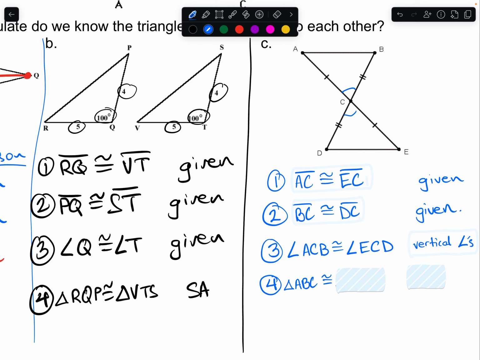Now we have 2 sides and the included angle of one triangle congruent to 2 sides and the included angle of another triangle. Make sure you write it in order. A matches with E, B matches with D, and C matches with itself. But that's because of the side angle side congruence postulate.